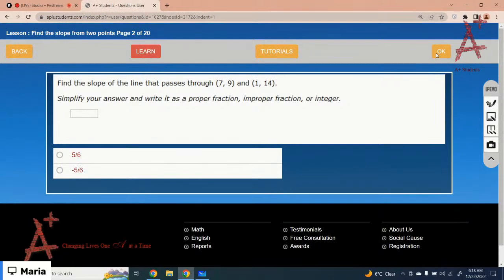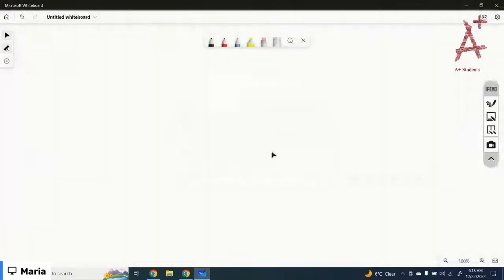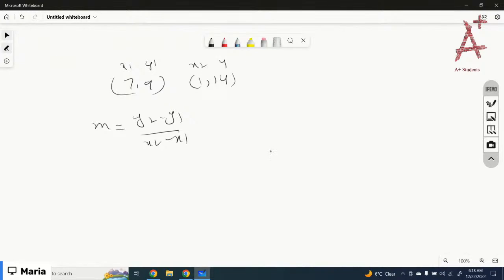Okay, the next one is find the slope of the line that passes through (7, 9) and (1, 14). The points are 7 and 9, 1 and 14. Use the formula change in y divided by change in x. Got it? This is x1, y1, x2, y2.